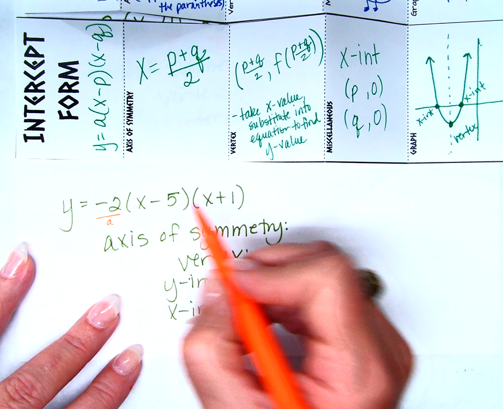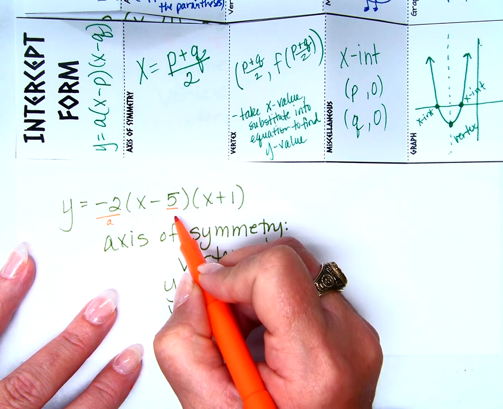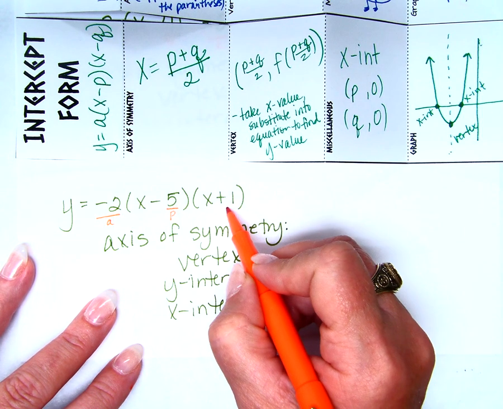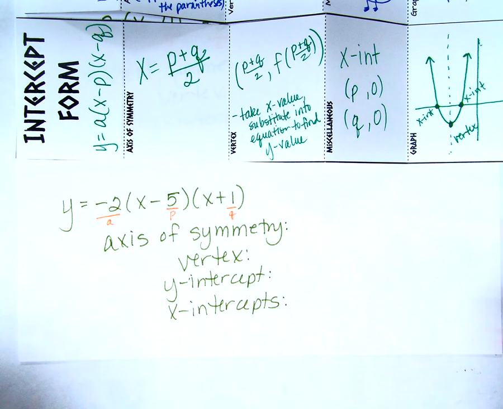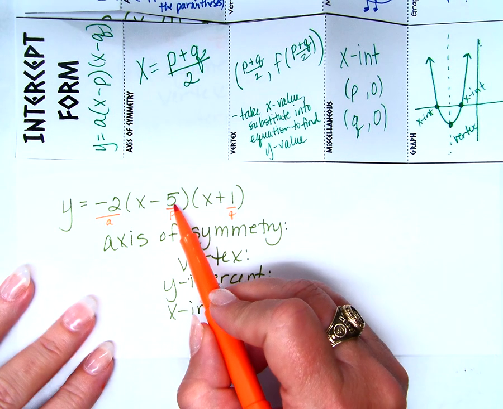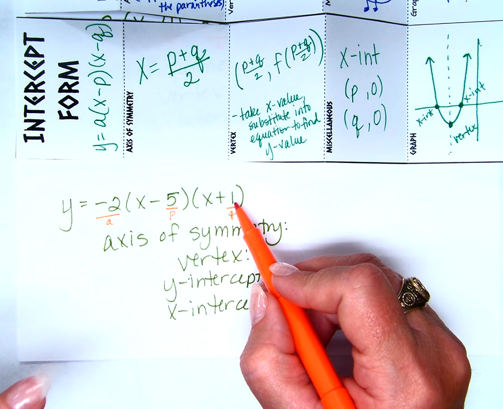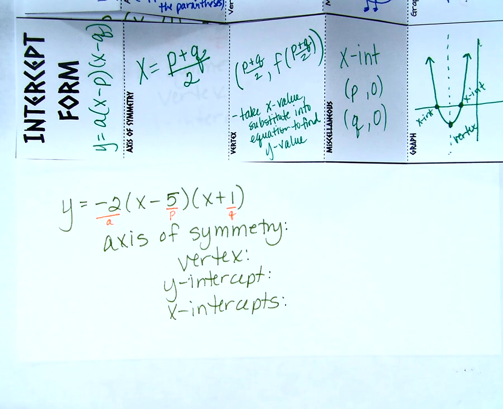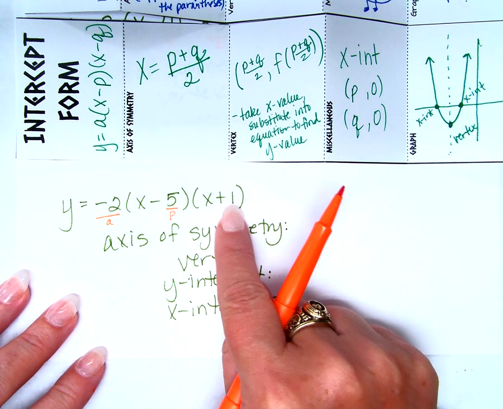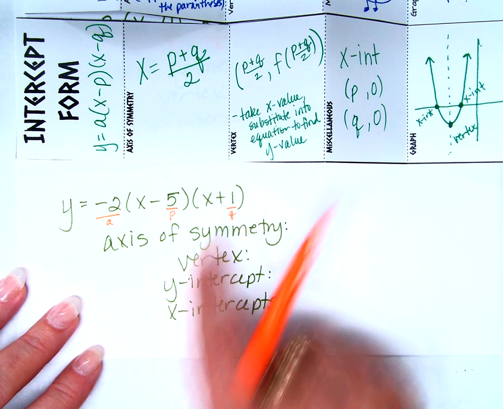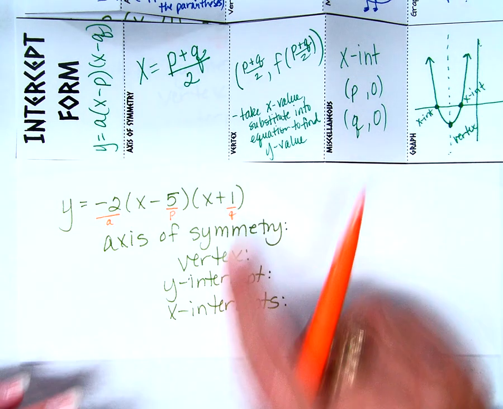A. What's this? P. And what's this? Q. That's kind of sneaky though, isn't it? Because what's the value of P? Just 5. What's the value of Q? Negative 1, isn't it? Because it's x minus Q, isn't it?